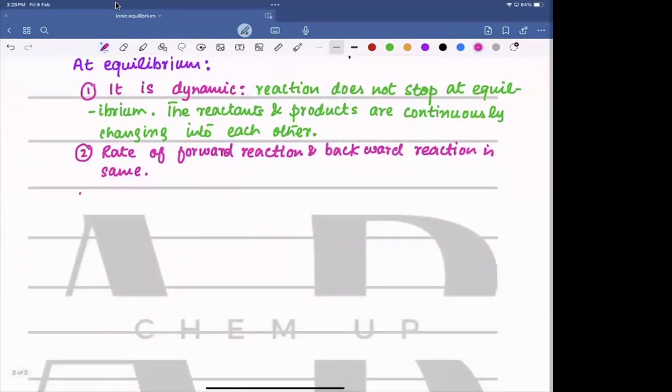So it means that the rate by which the reactants are turning into product, by the same rate, the products are also turning back into the reactants.